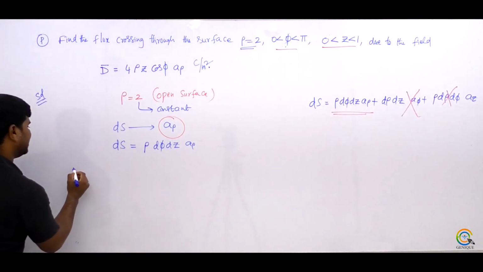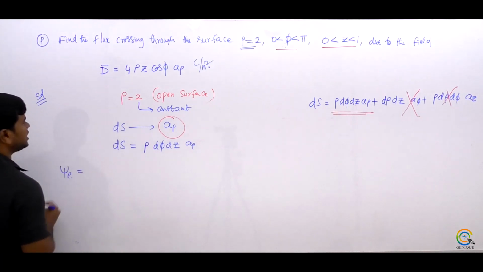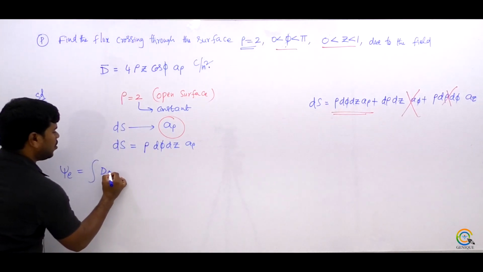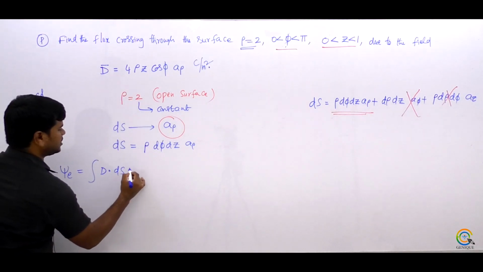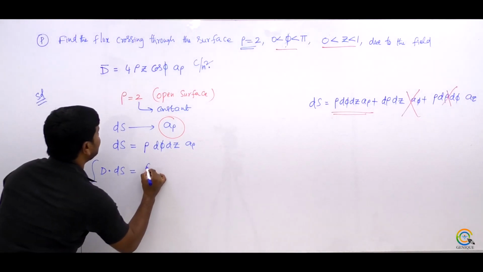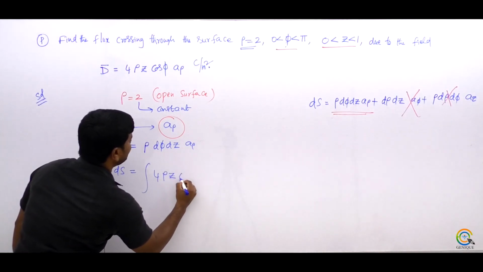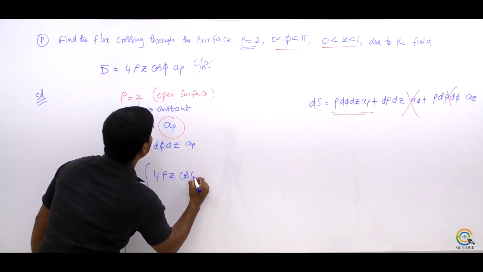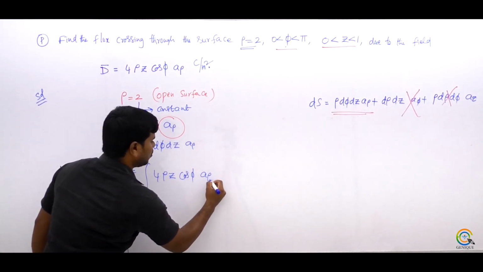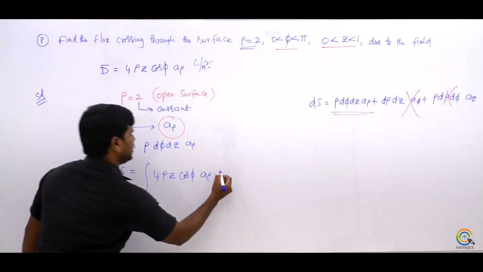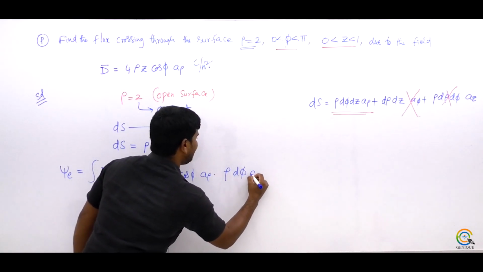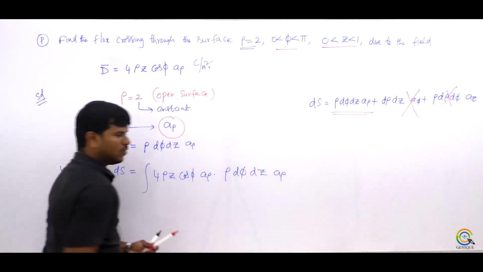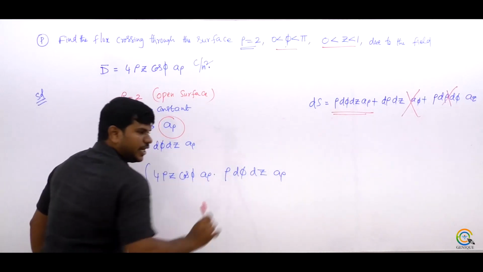Now calculate the flux leaving. Psi equals, it is also an open surface, so I can write the integral of D dot ds. D is the integral of 4 rho z cos phi a rho dot ds, where ds is rho d phi dz a rho. If you dot product these two, it will be 1.